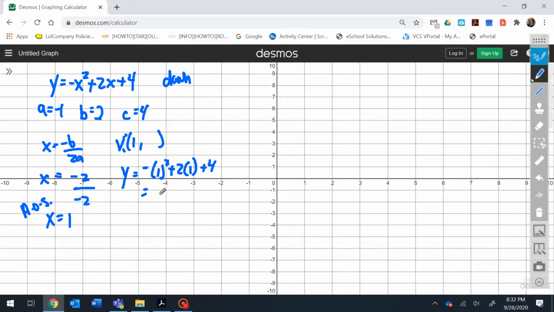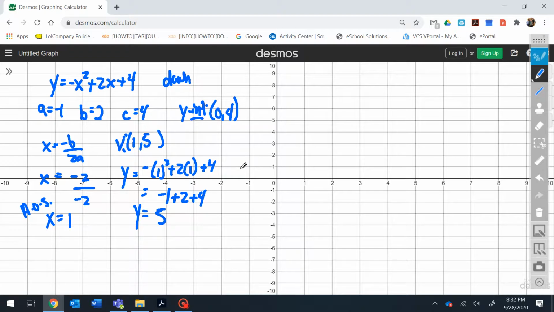So 1 squared is 1, so that's negative 1 plus 2 plus 4. Negative 1 plus 2 is 1, plus 4 is 5. So the rest of the vertex is 1, 5. And then of course the y-intercept is the c value, so this would be 0, 4.